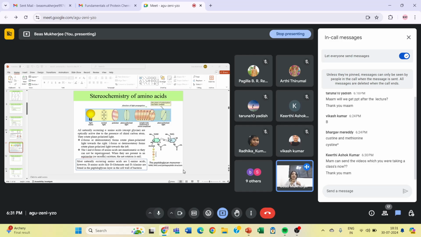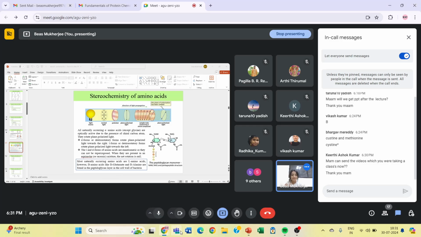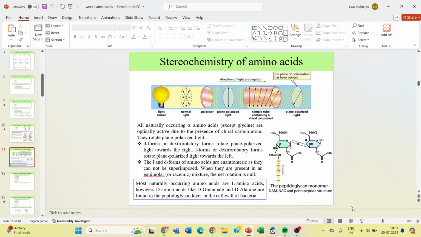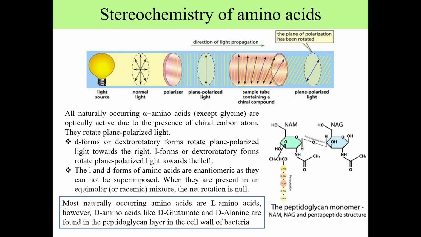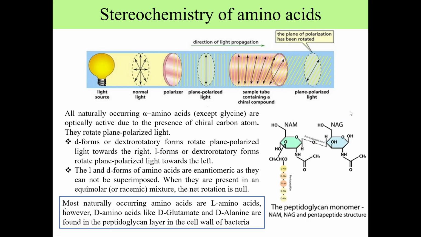If you remember, the cell wall of bacteria is made up of NAG and NAM, N-acetyl muramic acid and N-acetyl glucosamine. Here, if you see, there are D-amino acids.